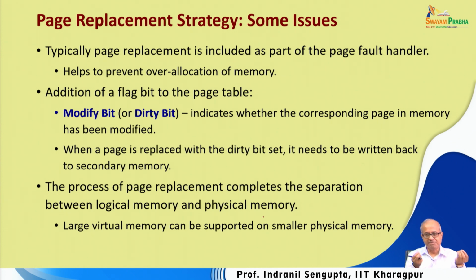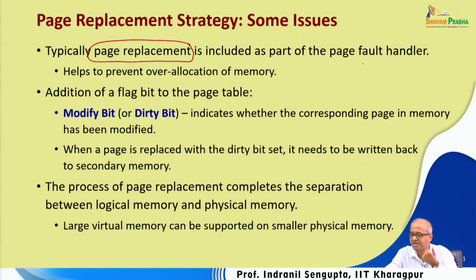If free page frame is not available, you have to select a victim page. If it is dirty, you may have to write back. So many things are needed, right? So, this entire page replacement business, you can include as part of the page fault interrupt handler itself. Whenever there is a page fault interrupt, the interrupt handler or interrupt service routine can contain all these routines directly. Okay? That will be easier for the operating system to handle it like this.